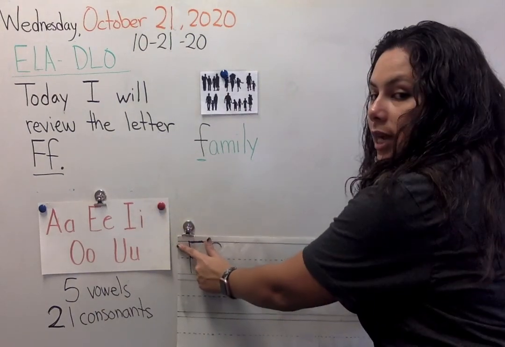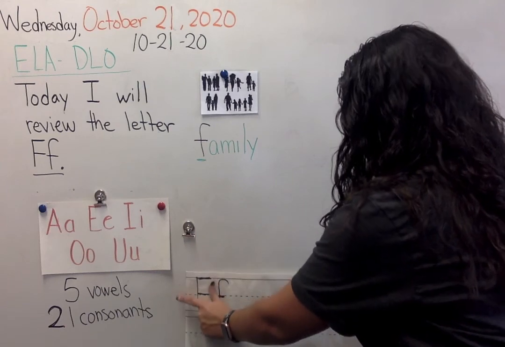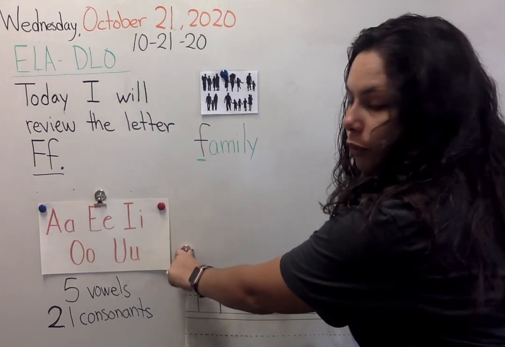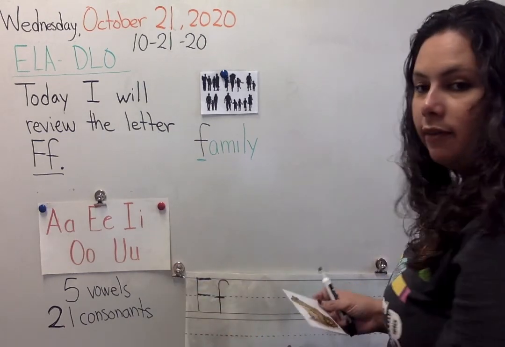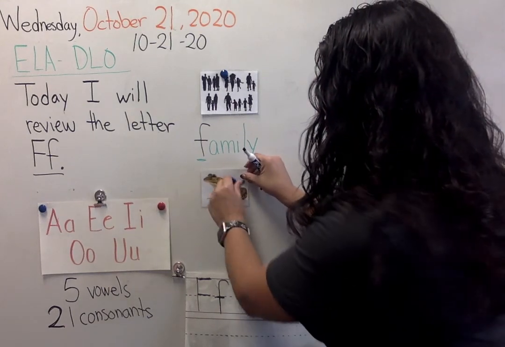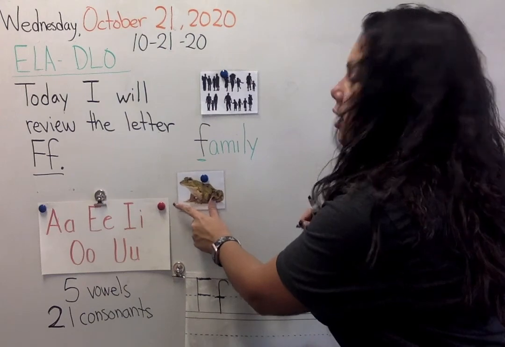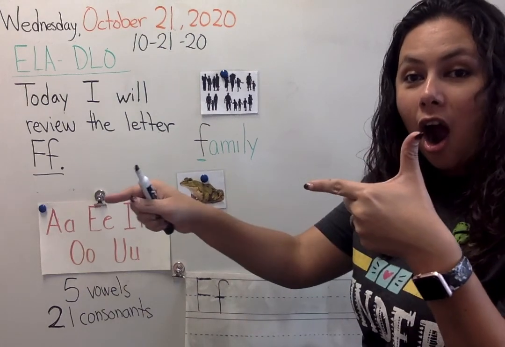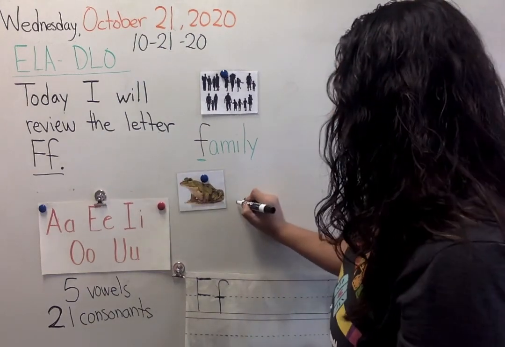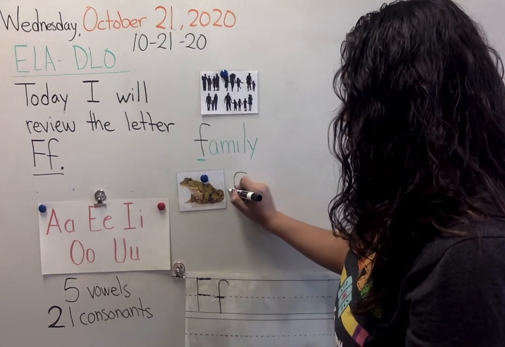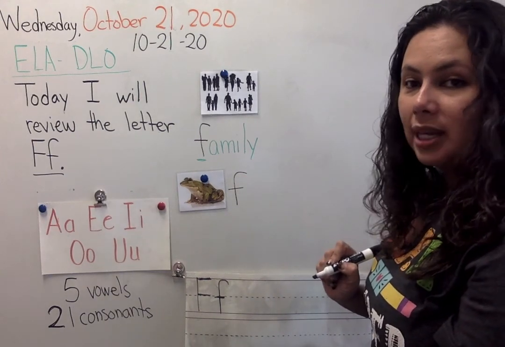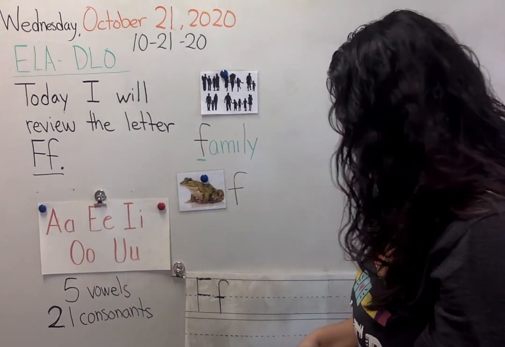Let's move this one down. So there's more room. You can still see how I wrote my F. We're going to put our frog right here. And I'm going to write the word frog next to it. It's a lowercase letter because it's not the frog's name, right?